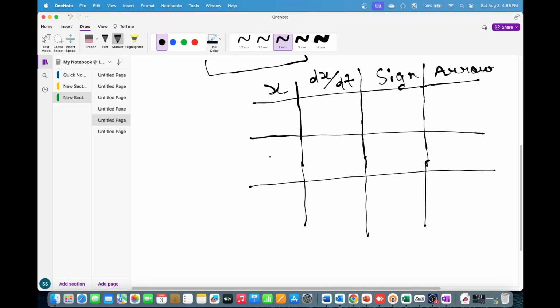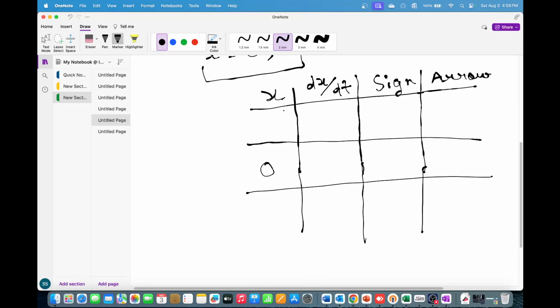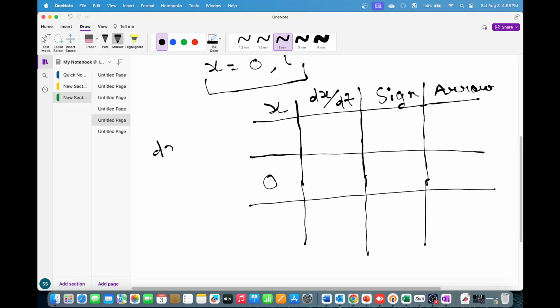So here one of your steady states is 0. Now I'll just write the equation here so that it's easier to calculate. Okay, so at x equal to 0, dx dt is 0. There is no sign. 0 doesn't have a sign.